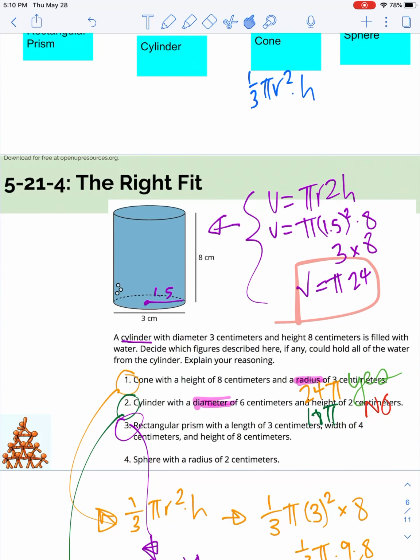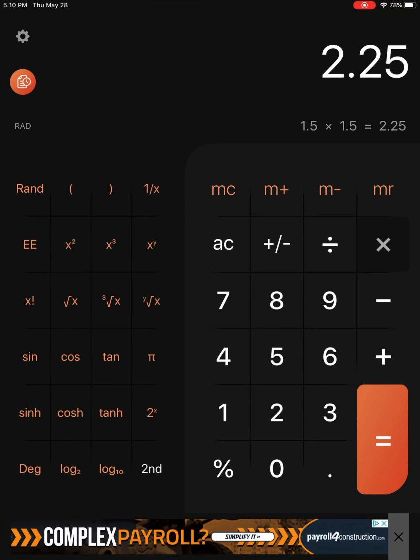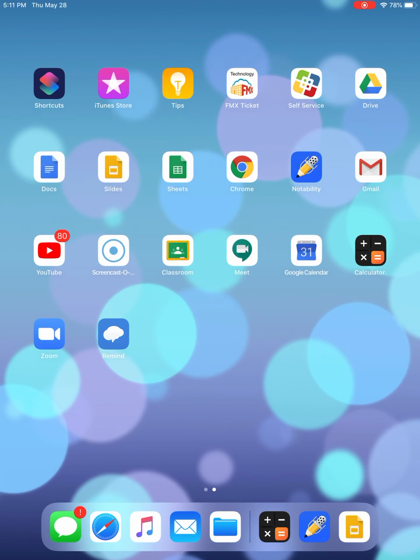Trying to think I can do math in my head, which I can't always do. This is wrong. This is 2.25 times 8. I think this will only change a couple of things. So 2.25 times 8 is 18 pi.